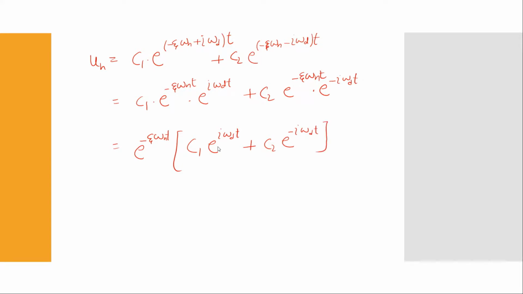Now we know that Euler's formula is there, e to the power iota theta. We generally write this equation, so it is also called Euler's formula, that e to the power iota theta is cos theta plus iota sin theta.